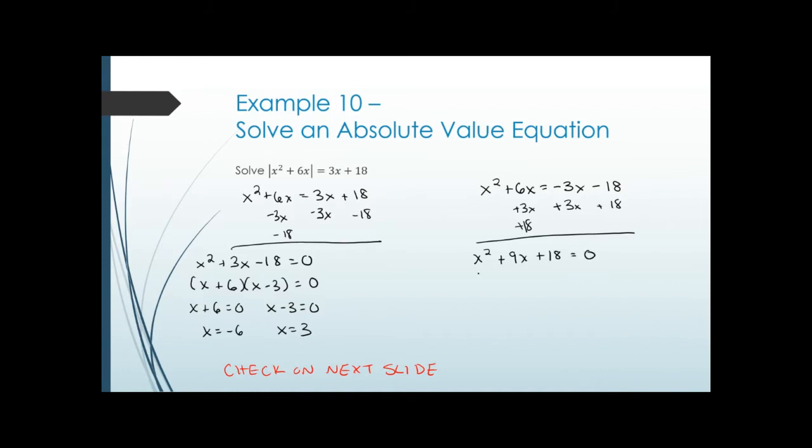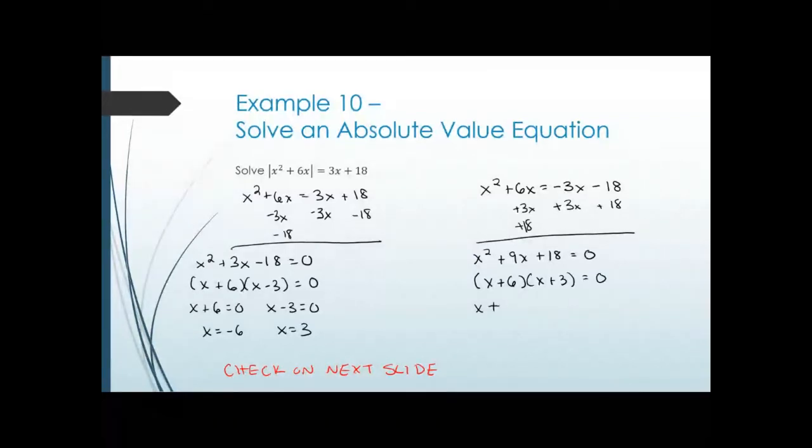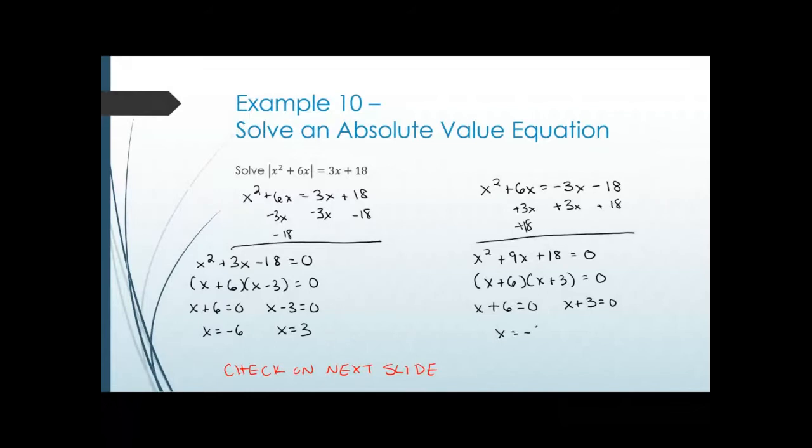This factors to x plus 6 times x plus 3 equal to 0. So 6 times 3 is 18, 6 plus 3 is 9. So I'm going to set these equal to 0, so x plus 6 equals 0, x plus 3 equals 0, and then I get x equals negative 6 again, and x equals negative 3.